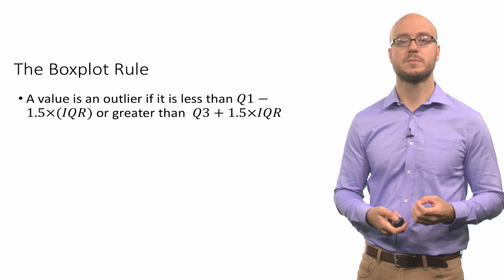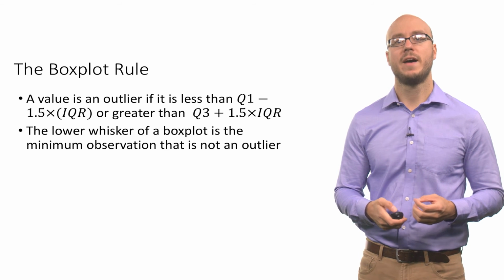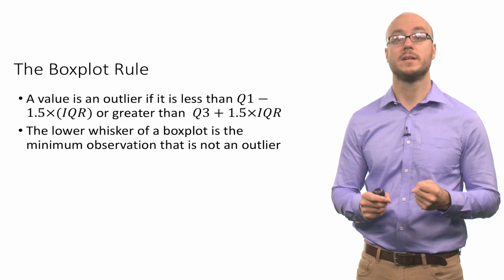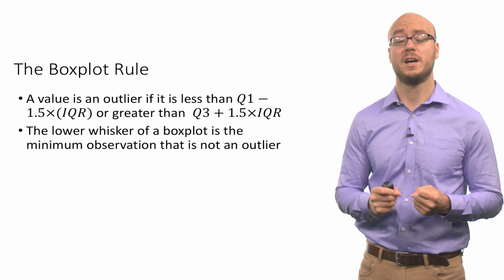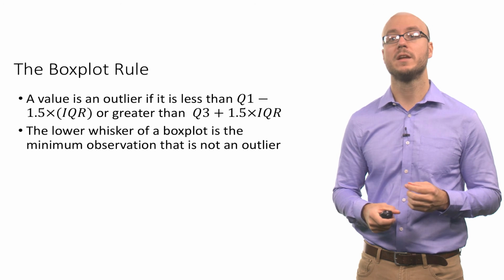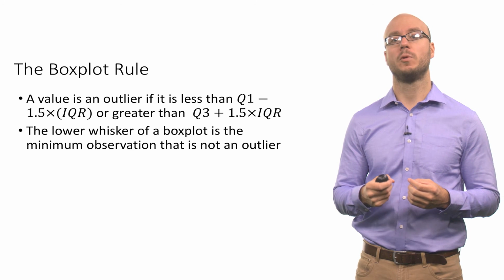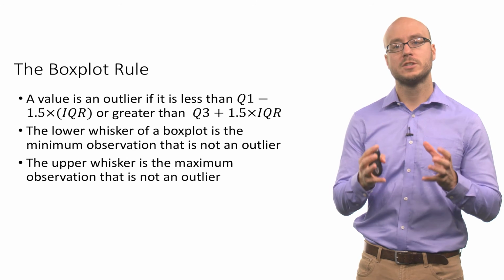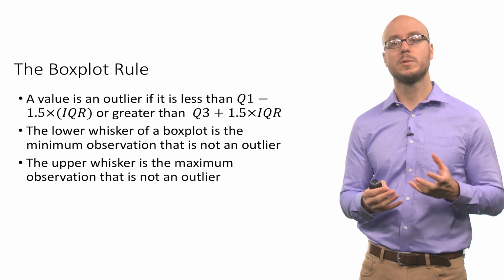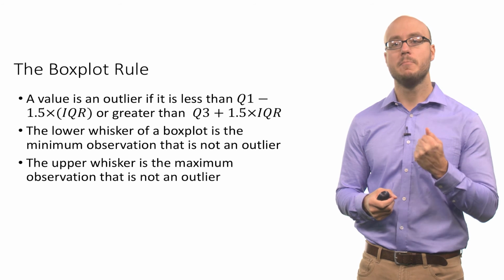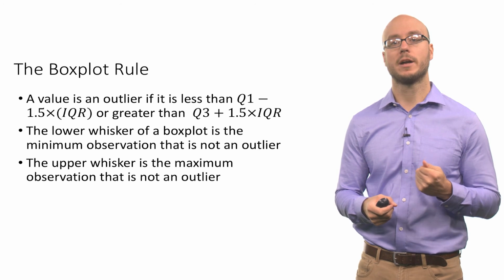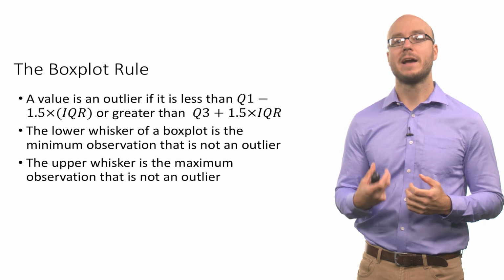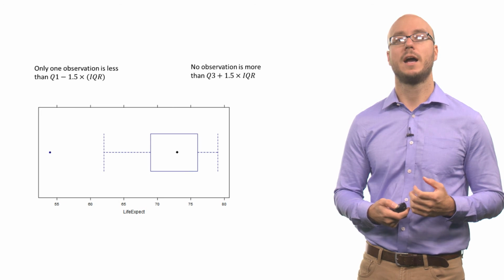The idea is that a value is an outlier if it is less than the first quartile minus 1.5 times the interquartile range, or greater than the third quartile plus 1.5 times the interquartile range. So when you look at a box plot, the lower whisker is the minimum observation that is not an outlier, and the upper whisker is the maximum value of an observation that is not an outlier.